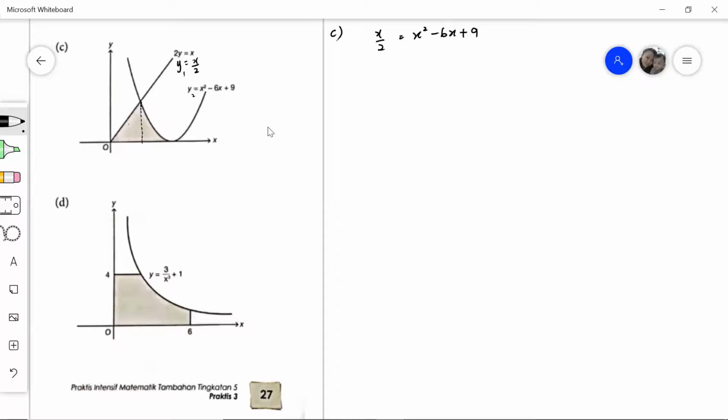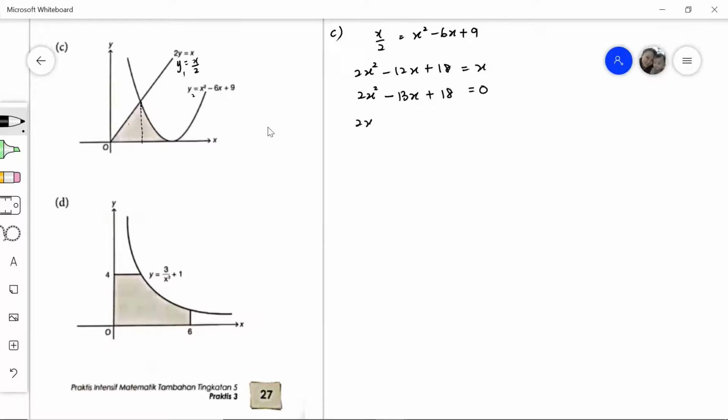Get rid of the fraction, so times 2 on both sides. We have 2x squared minus 12x plus 18 equals x. Bring the x over, we have 2x squared minus 13x plus 18 equals 0.